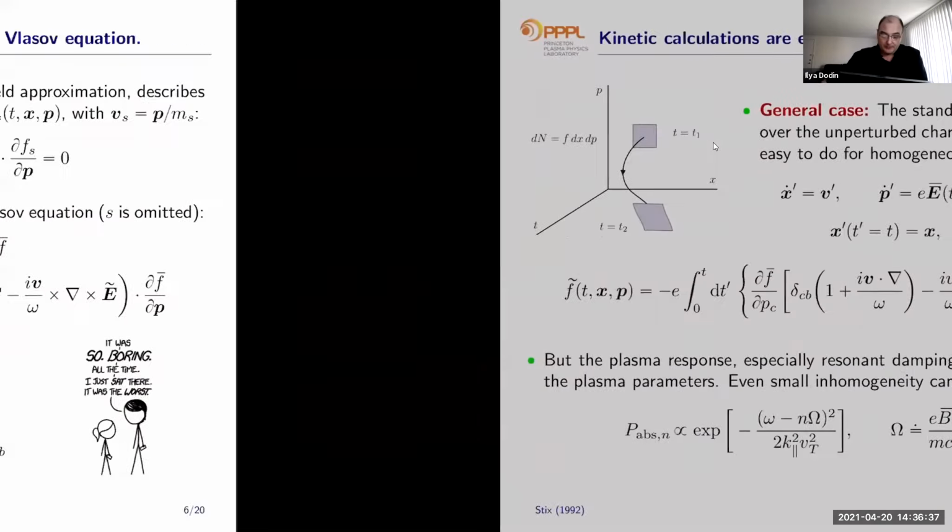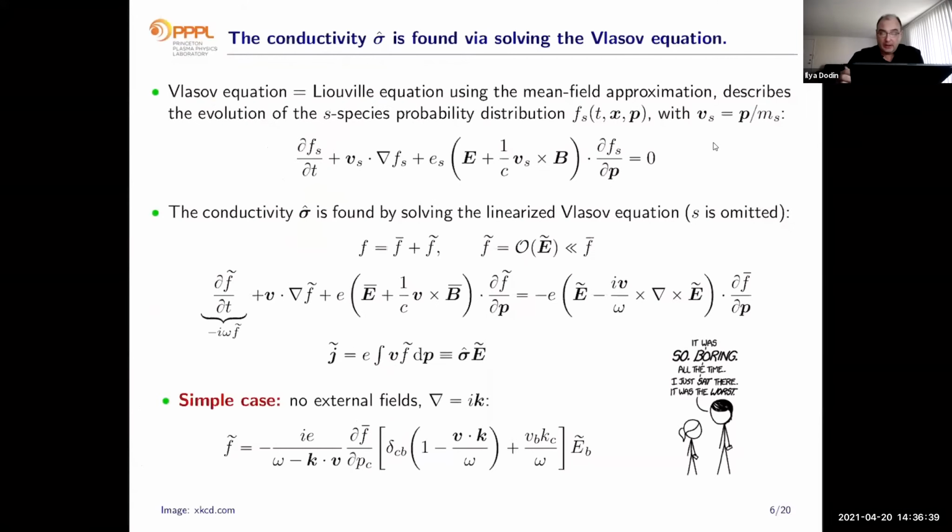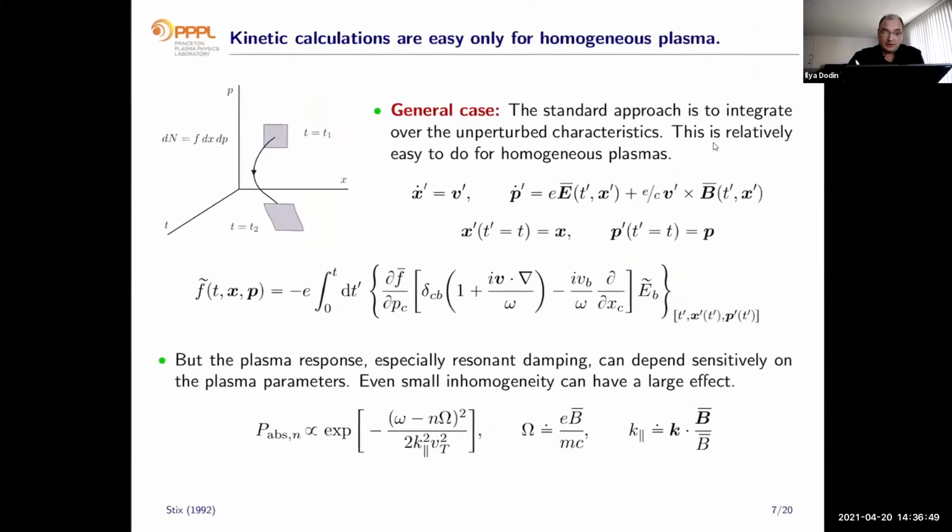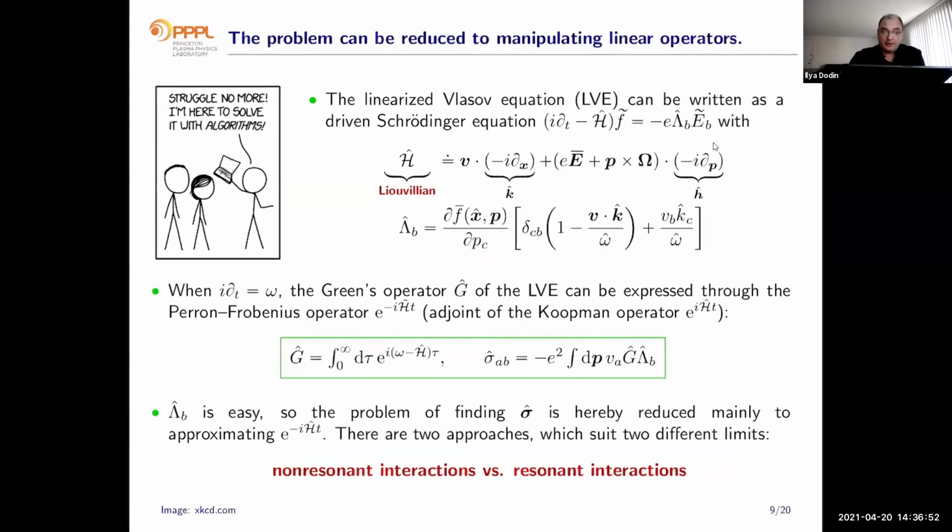Let me explain how. So again, the whole thing is about solving this linearized Vlasov equation. If we multiply this Vlasov equation by i, it's a first order partial differential equation. As you know, we can put it in the form that looks a lot like a Schrodinger equation. And that's Koopman's formulation. In a way, this is a driven Schrodinger equation because this is a linearized theory, so it has a right-hand side.